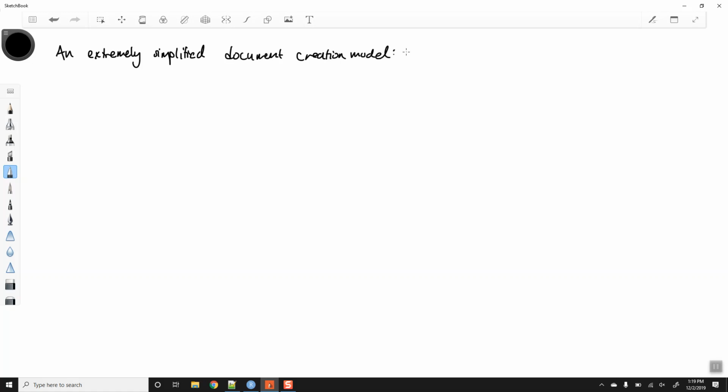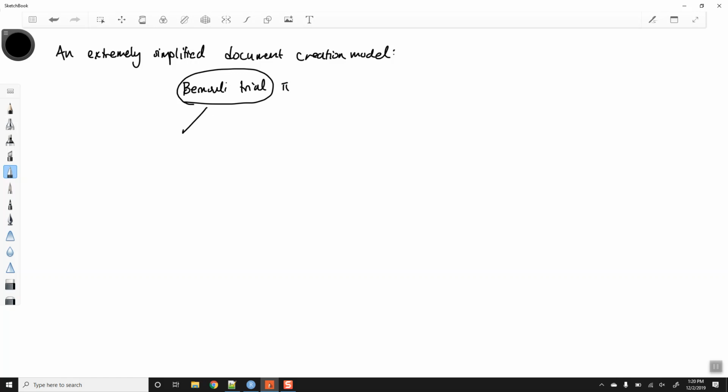First we're going to start with a Bernoulli trial with some parameter, I guess pi.